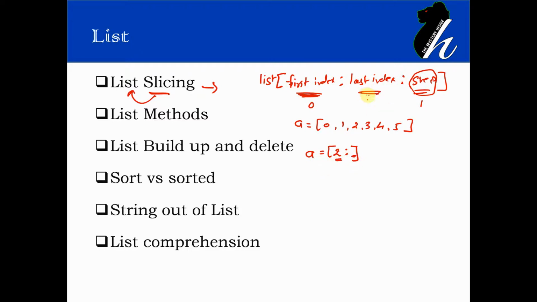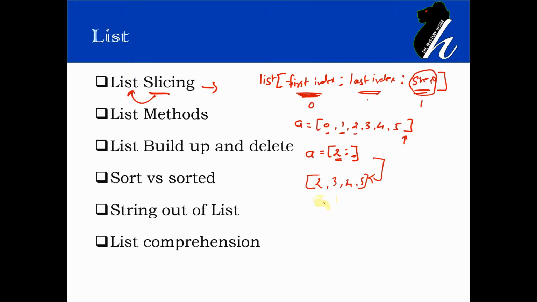So if I do not mention my last index, then it will extract the items up to the last item. It will start extracting the list from that index value, and it will return 2 3 4 5.